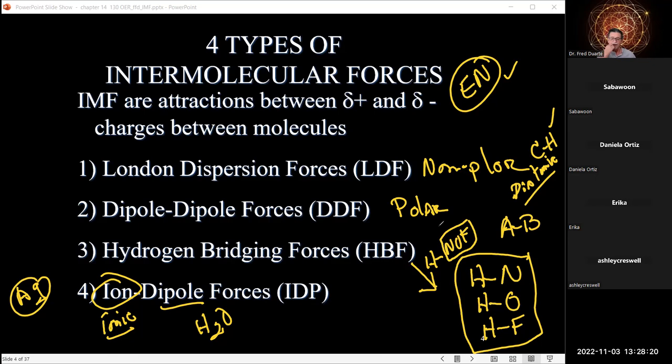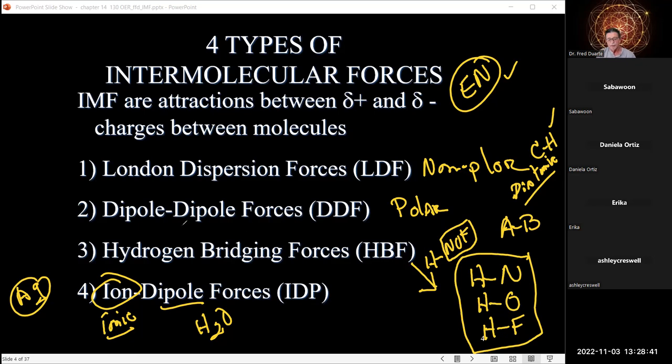There's a dipole between the nitrogen and the hydrogen, the oxygen and the hydrogen, and the fluorine and the hydrogen, but because it is specifically hydrogen, it's an additional stronger force. We call that hydrogen bridging force.